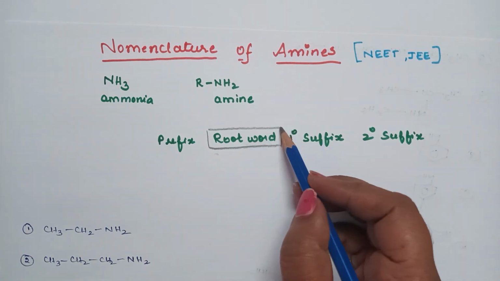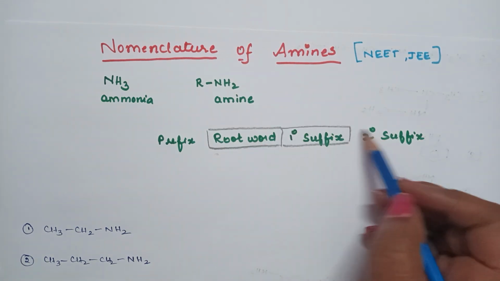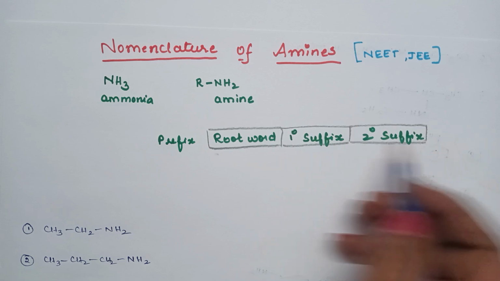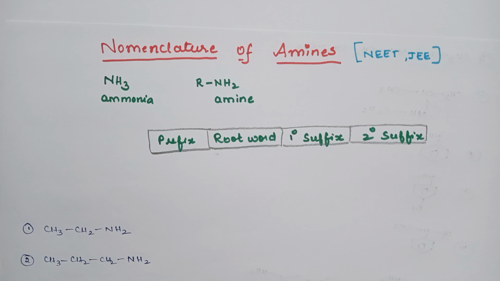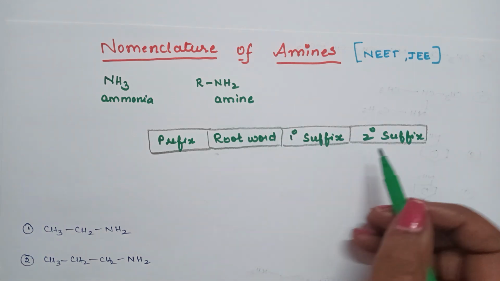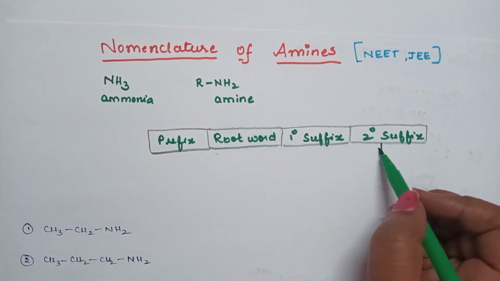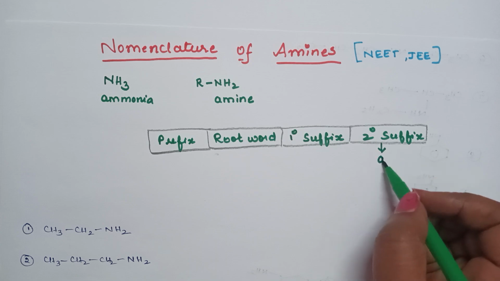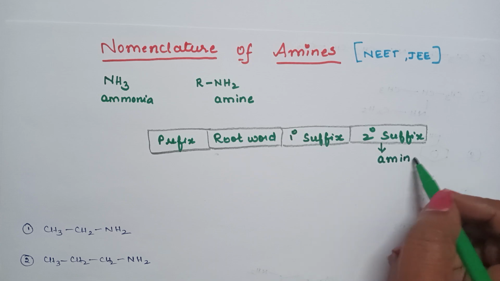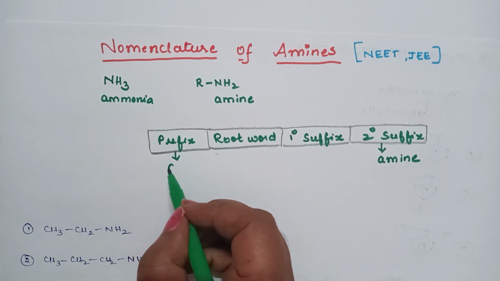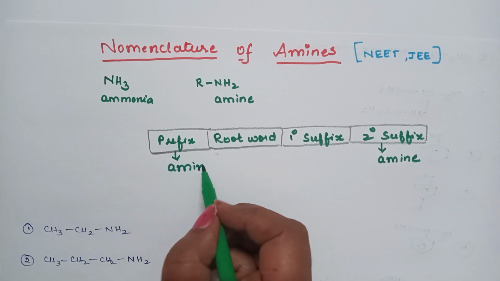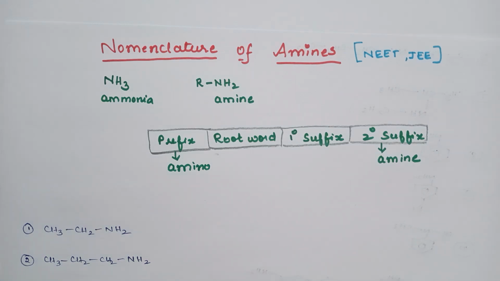After the root word you write the primary suffix and then the secondary suffix. Before the root word you have to write the prefix. Here for amines, if you are writing it as secondary suffix, you have to write it as amine. If you are writing it as prefix, you should write it as amino. So this is how we write.